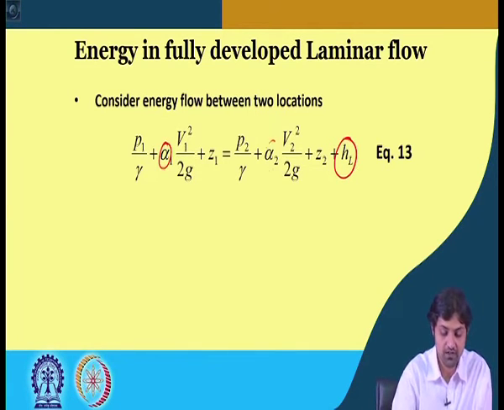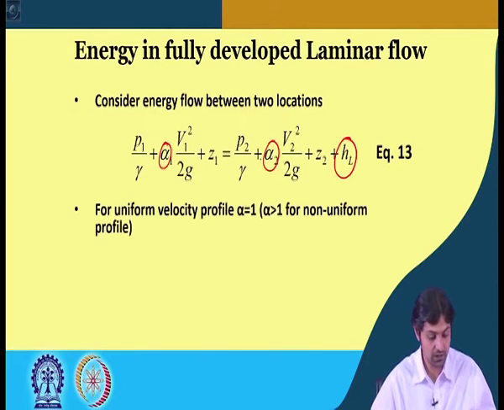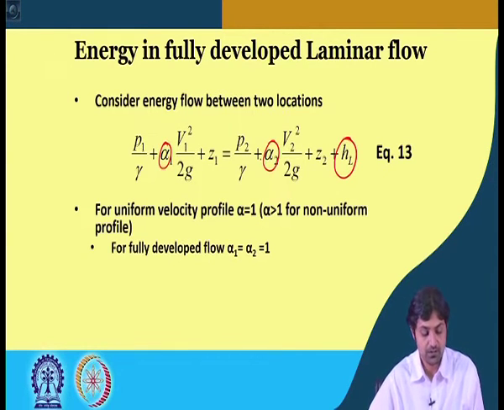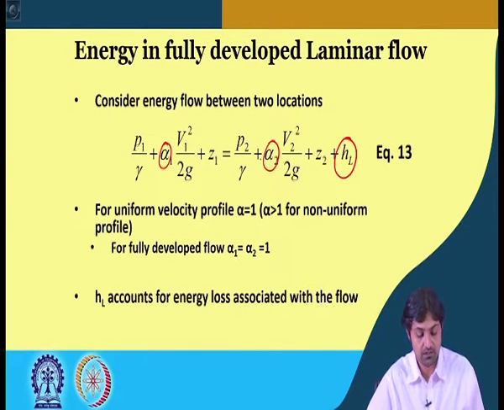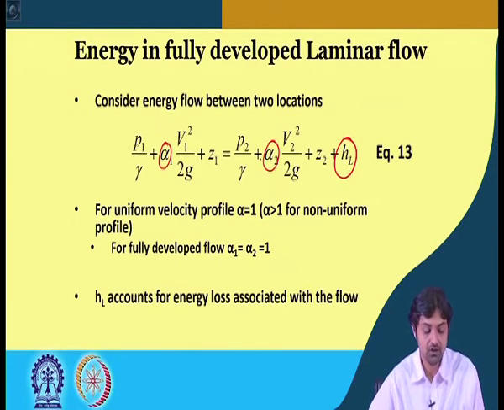This alpha 1 and alpha 2 we take as 1 for the uniform velocity profile, and alpha is greater than 1 for non-uniform velocity profile. We are assuming alpha is equal to 1 because our velocity profile is uniform. So, for fully developed flow alpha 1 is equal to alpha 2 is equal to 1, and here the head loss accounts for energy loss associated with the flow, that I have told you before.